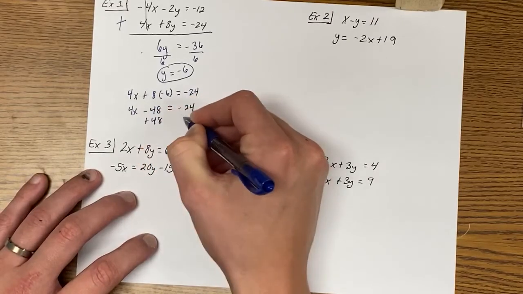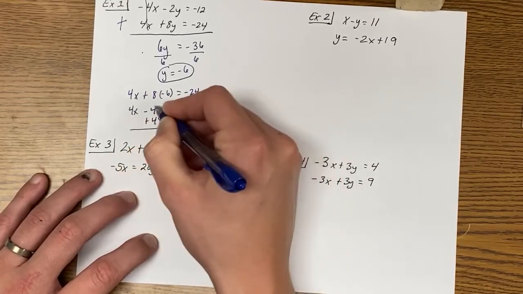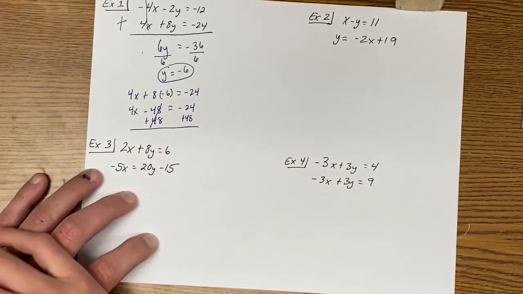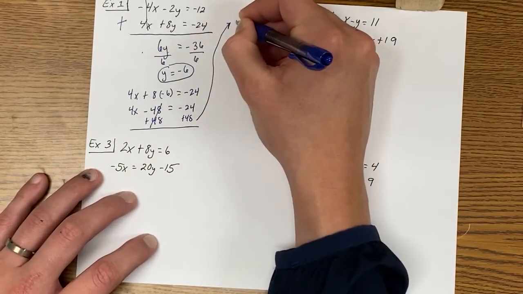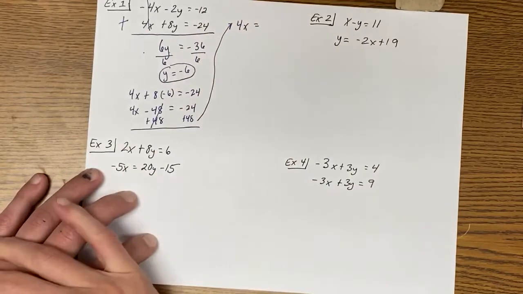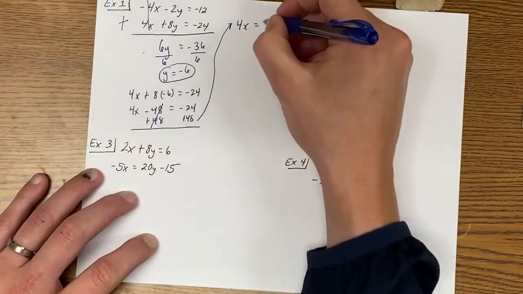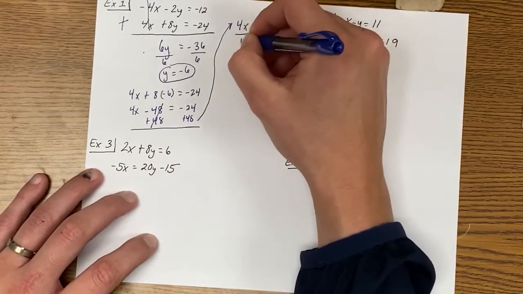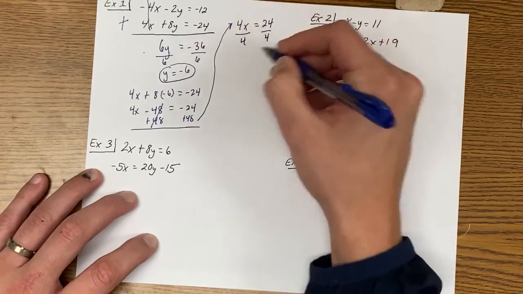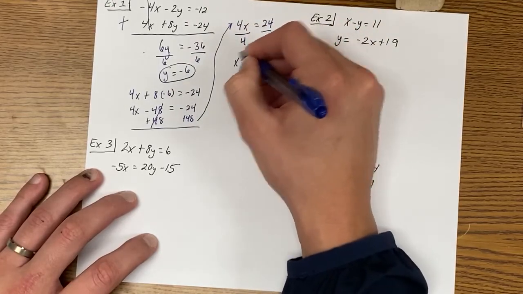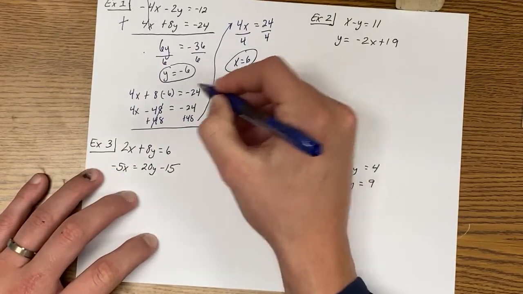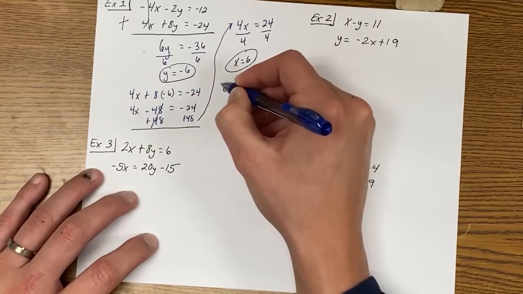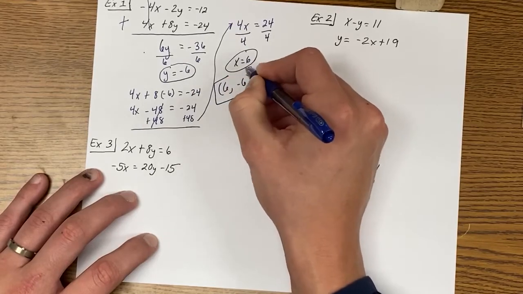Now I add 48 to both sides. Those 48s cancel. So I have 4x equals negative 24 plus 48, which gives me a positive 24. I divide both sides by 4, and I get x equals 6. So my final answer, I have x is 6, so that's 6, comma, y is negative 6. So there is my final answer.